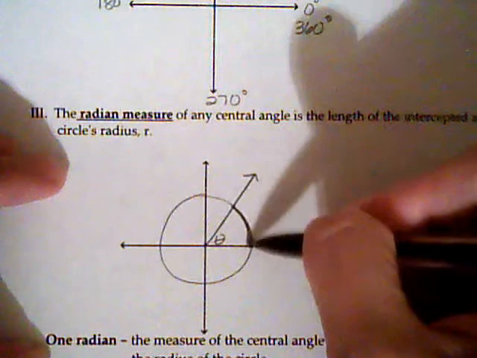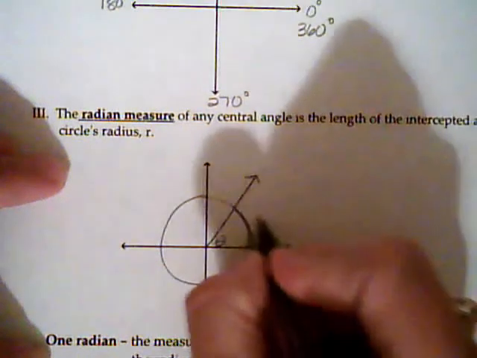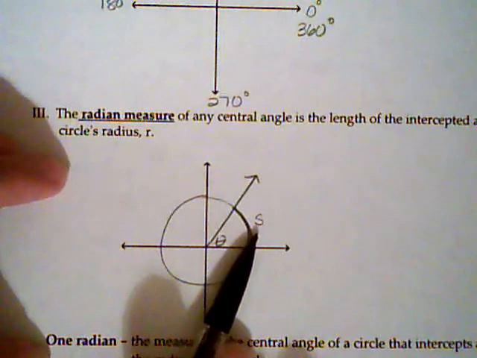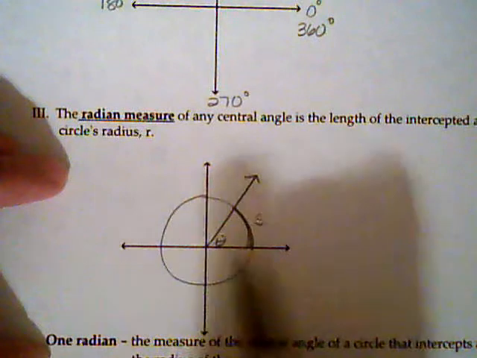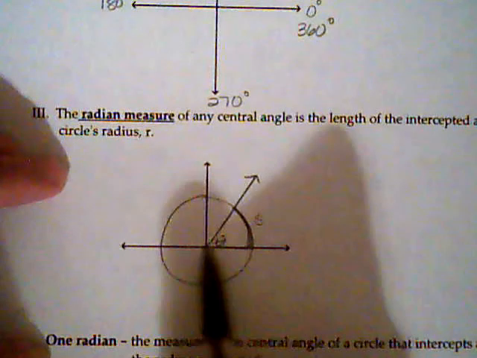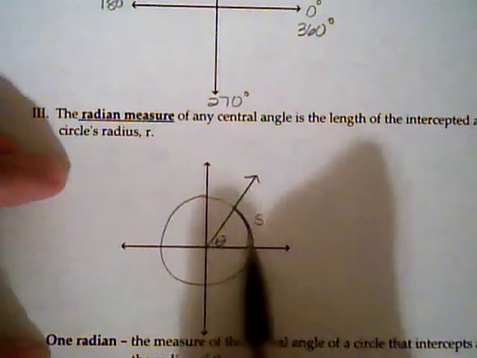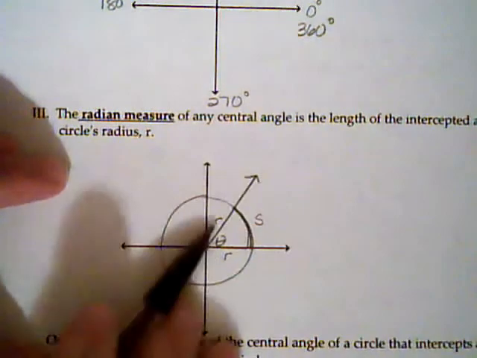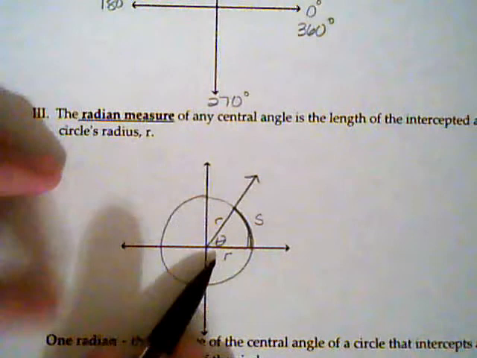That arc length is going to be named S. From here on out, when you think about arc length, it's usually going to be the variable S. And then the radius of this circle would be the distance from the center to the circle. So this would be my radius here or here, either one would be the same.